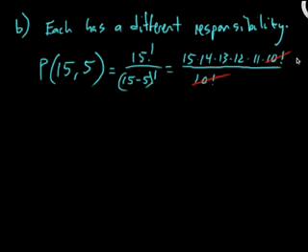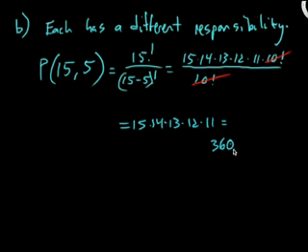So what cancels out is those, and I think we can already see that 15 times 14 times 13 times 12 times 11 is going to be much bigger than our last answer. So let me type this into my calculator, and I get a much larger number of 360,360.